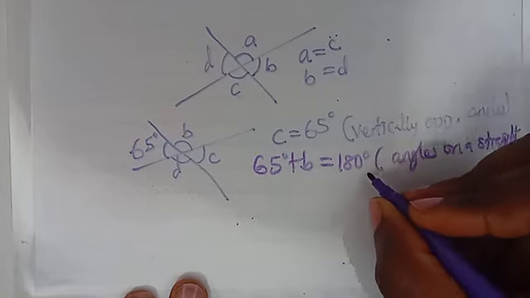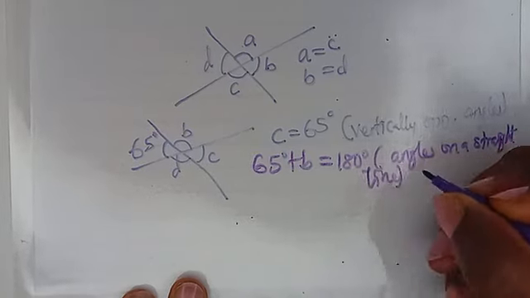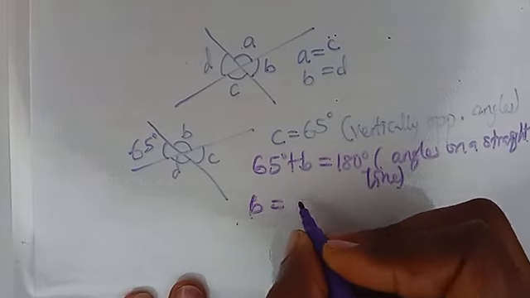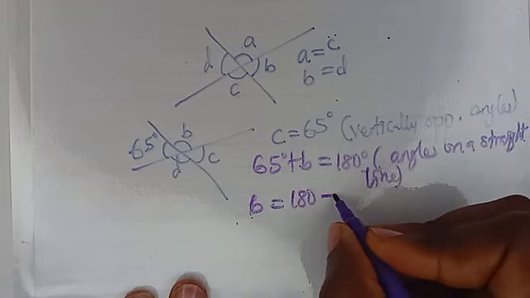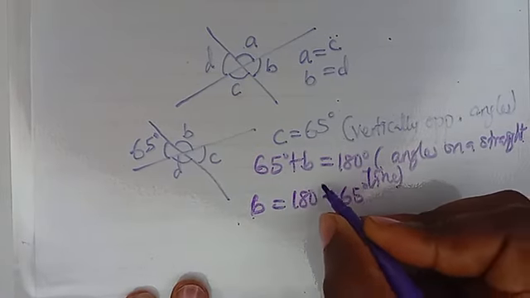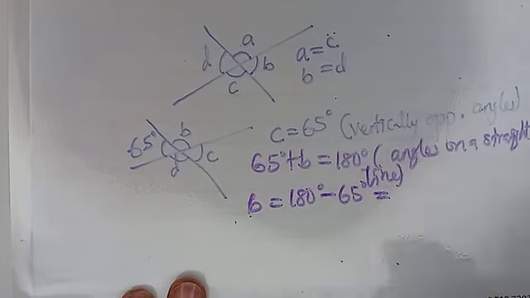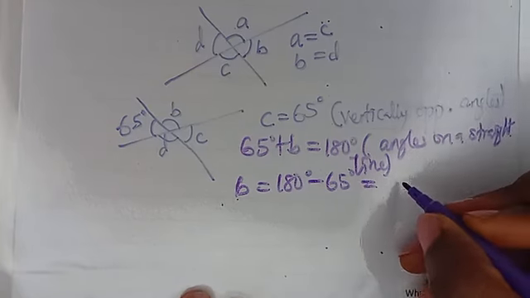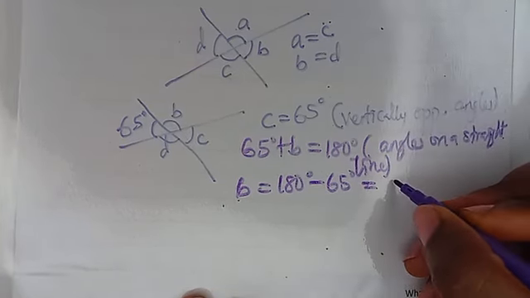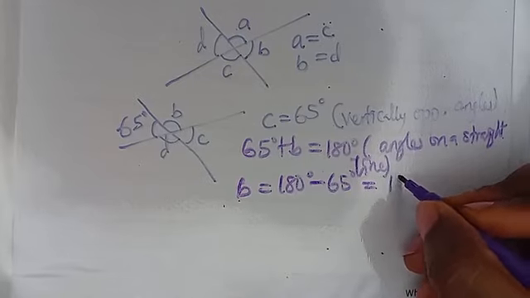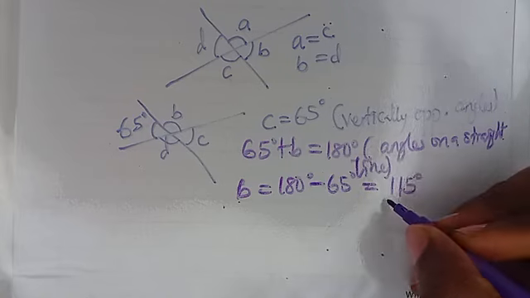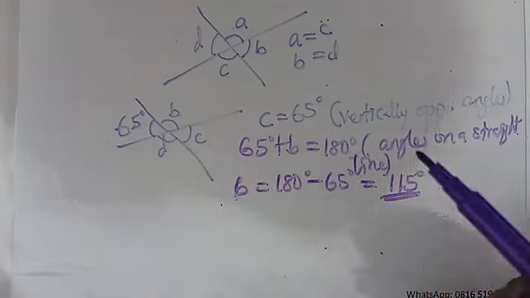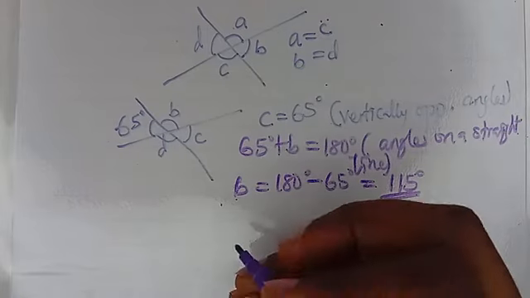So we say that angle B is equal to 180 degrees minus 65 degrees. And we have that angle B is equal to 115 degrees.